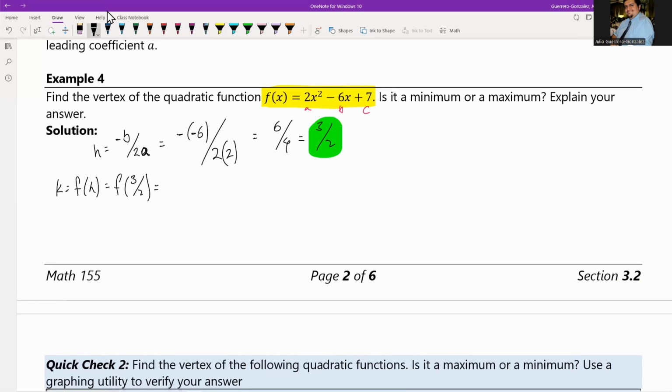which is equal to, right, 2 times 3 halves. Look at me go again. Squared minus 6 times 3 halves plus 7. I'm going to work this out, okay?